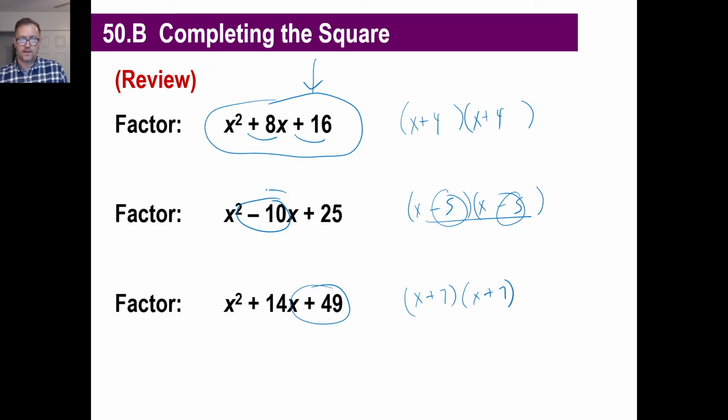If you had this equation, you would go, I need a 25 there to make it work. Because I need two numbers that add up to give me -10, which are -5 and -5, and if you multiply them, you get 25. And over here, I need two numbers to add up to give me 14, then I need 49. They must both be 7s. See, this has to be a 49.